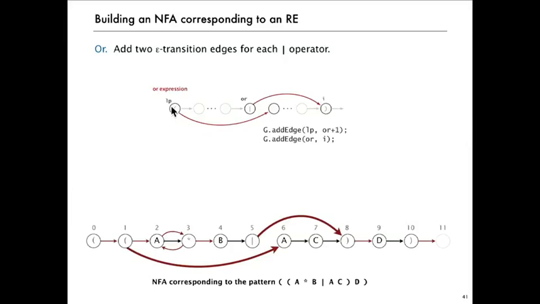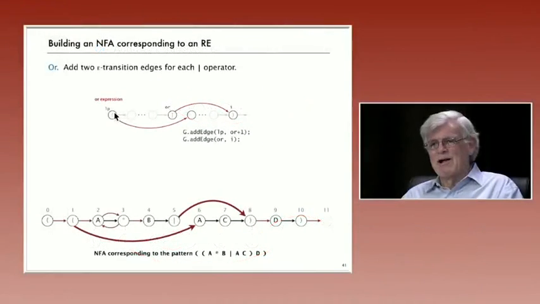So if we keep track of where the left parenthesis is when we end the or operator, when we hit the right parenthesis, we have all the information that we need in order to be able to add those 2 edges. So those are the edges that we have to put together to build the NFA, and the trick is keeping track of the information of where the previous operators are, particularly since parentheses can be nested.